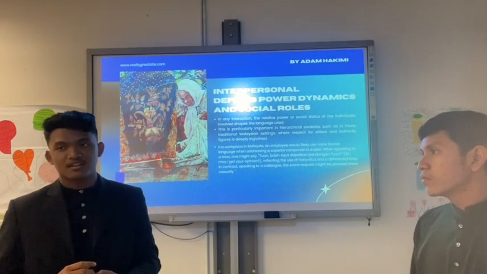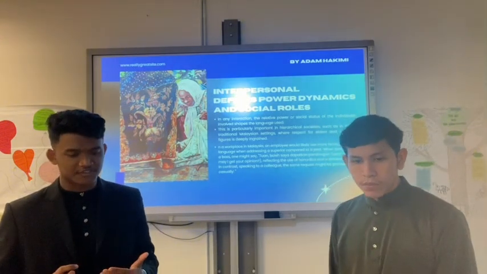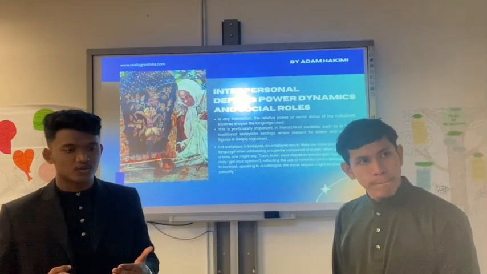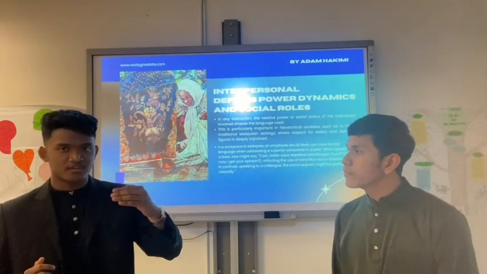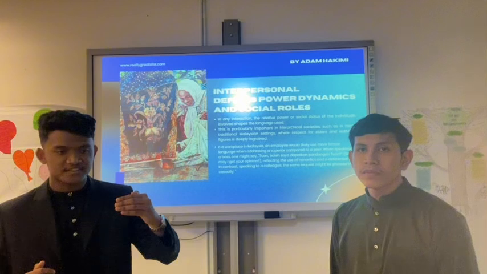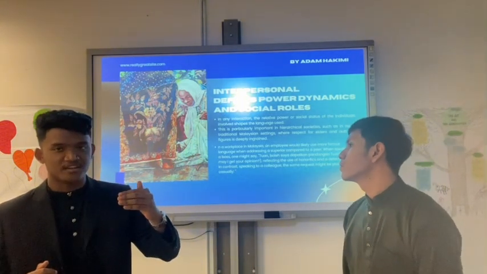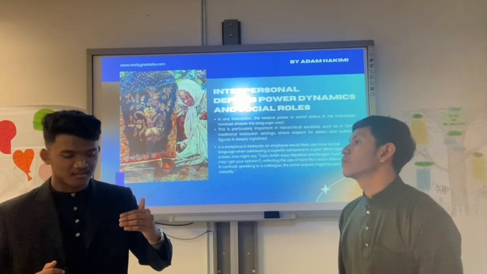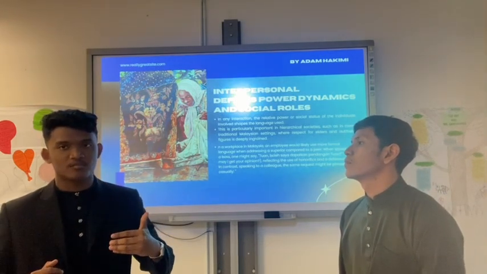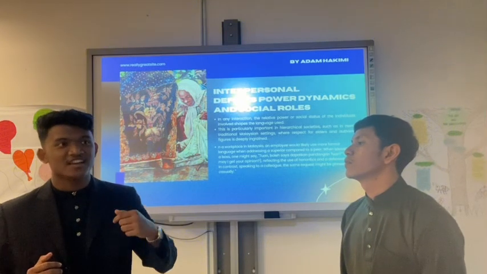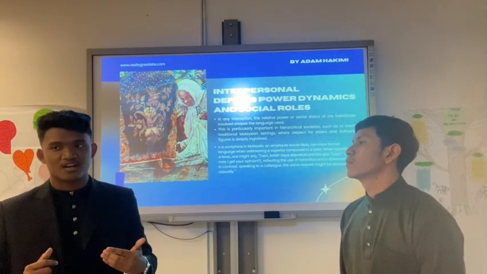The Malaysian context of respect ties deeply to hierarchy, which means people who are elder or more advanced in age tend to be more respected and looked up to more than teens and youngsters, because in Malaysia they are considered to be more experienced and more aware of the things surrounding them.